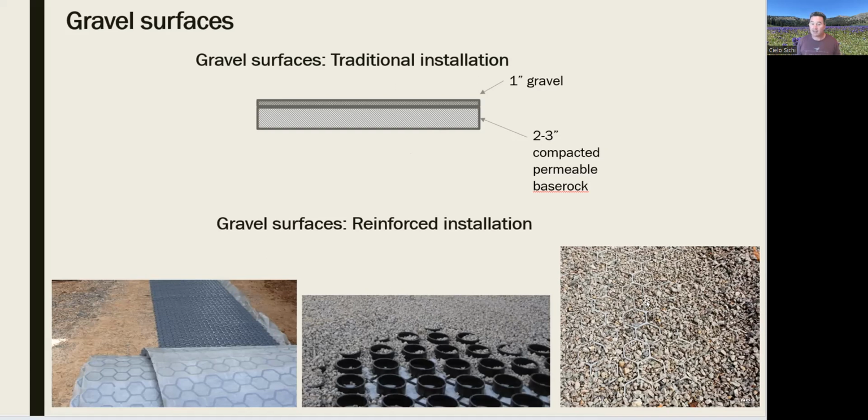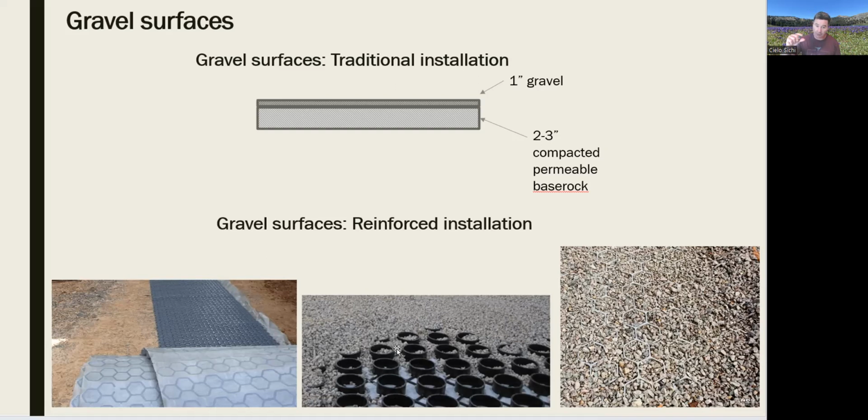Huge benefit to it is it's 100% permeable, and it's ADA accessible. And if you get the heavier duty ones, it's also fire truck accessible as well. A lot of times, again, we don't think of using gravel. A lot of times people shy away from gravel because if it's installed too deep, it's very difficult to walk on.